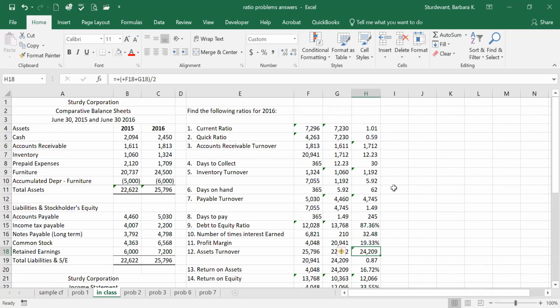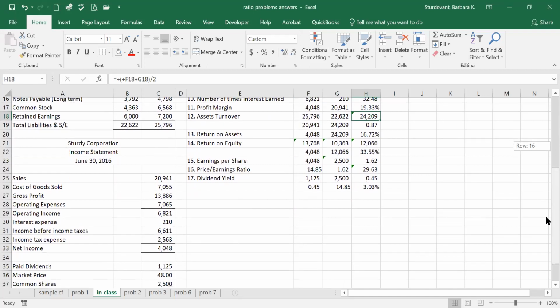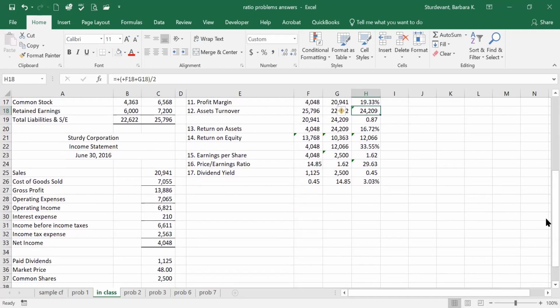People don't want to buy old stuff. They want to buy the new stuff that's come out. And again, depending on what type of industry they're in, that could be an issue. Okay, let's go back down here. So, profit margin, they have a great profit margin. Every dollar in the future that they make in sales, 19% of it, 19 cents, will be profit.